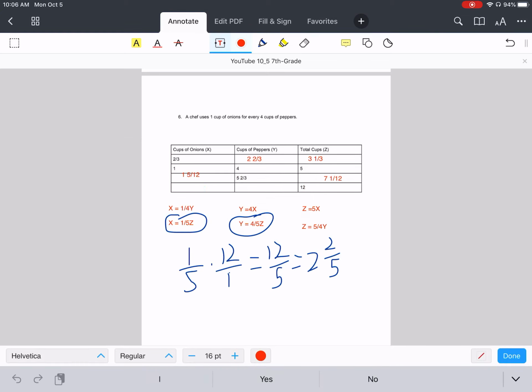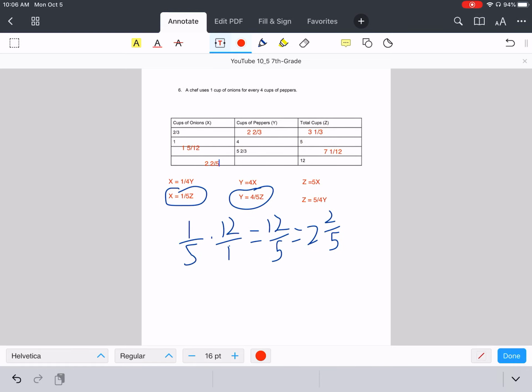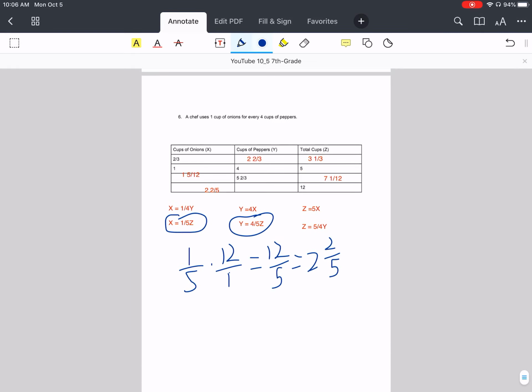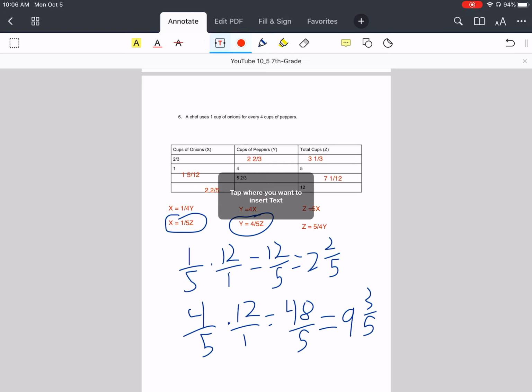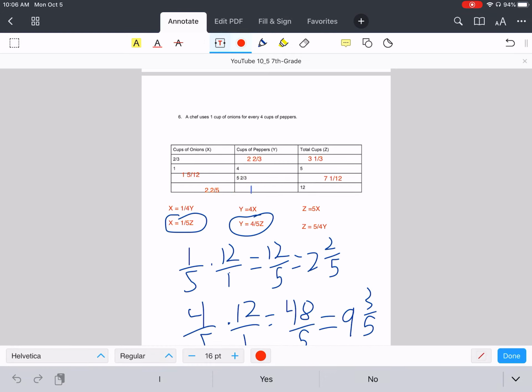That is 2 2/5. And our last hurrah, we're doing 4/5 times 12, which equals 48/5, and that simplifies to 9 3/5. We are going to put that here and be done with our assignment.